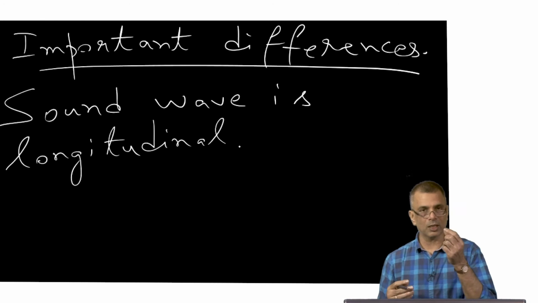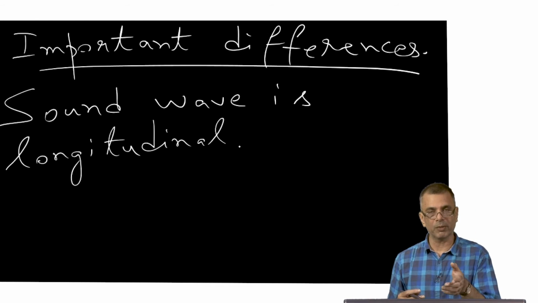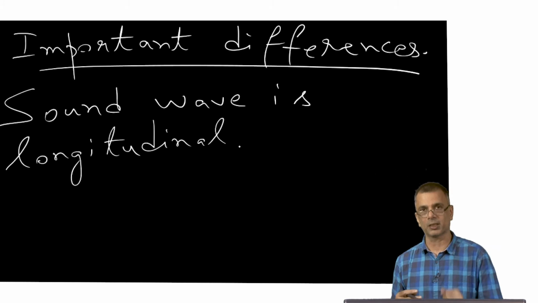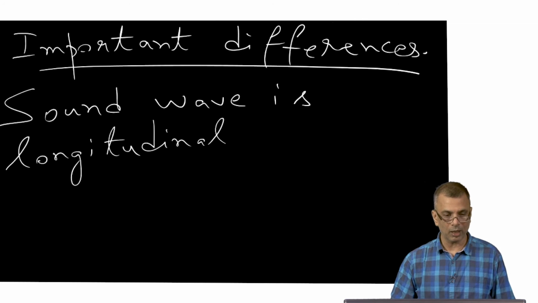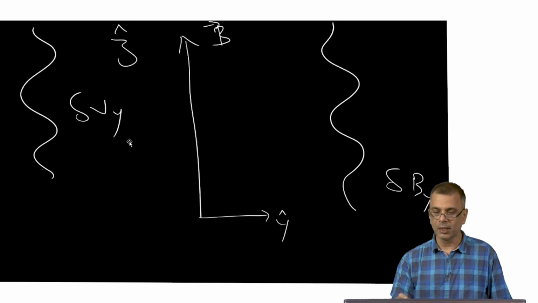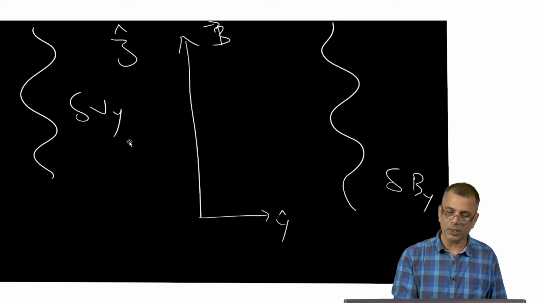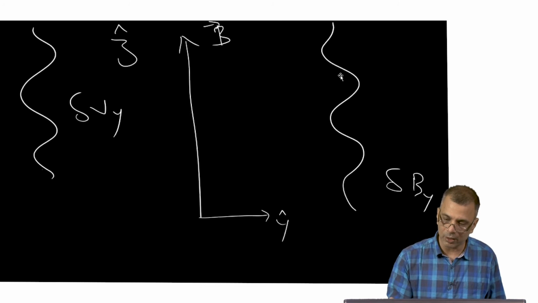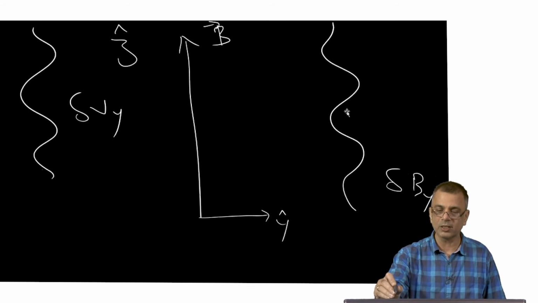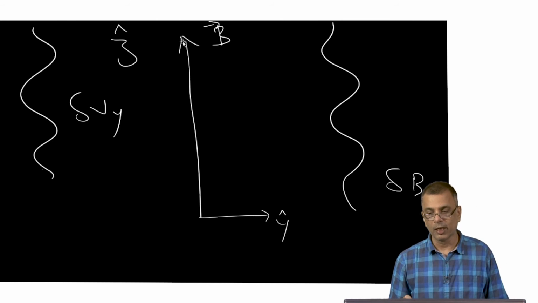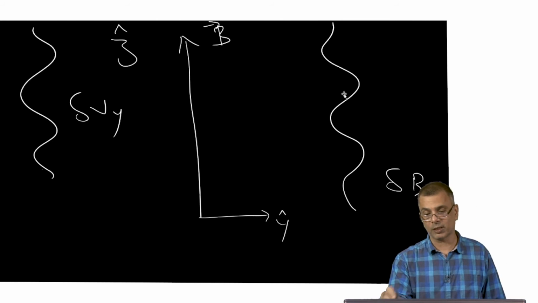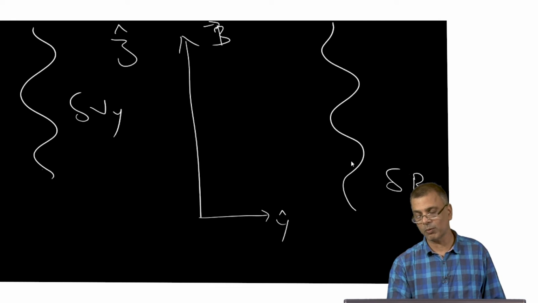In other words, the density and pressure perturbations are along the direction of propagation. Whereas here you see an Alfvén wave, by definition, that is the direction of propagation along the unperturbed magnetic field, the z direction. But the perturbations are transverse. You see, the perturbations are in the y direction.